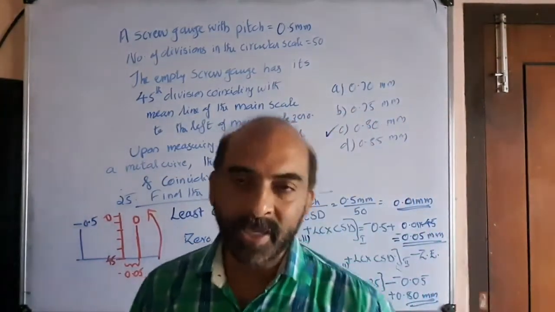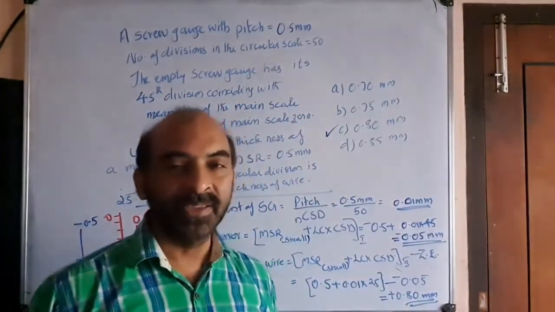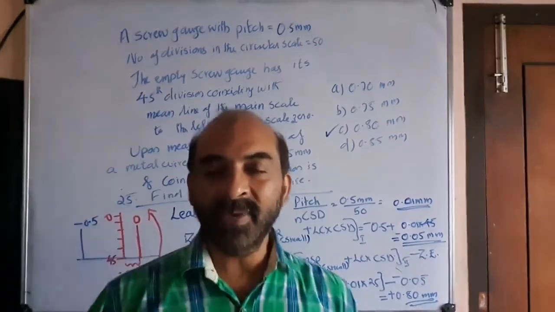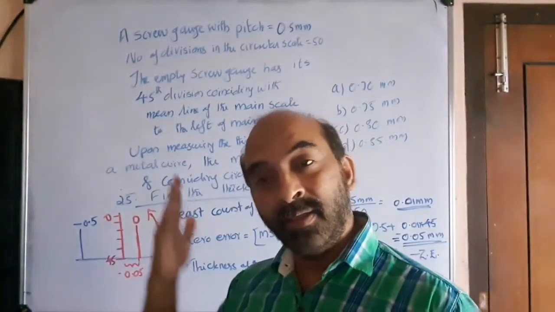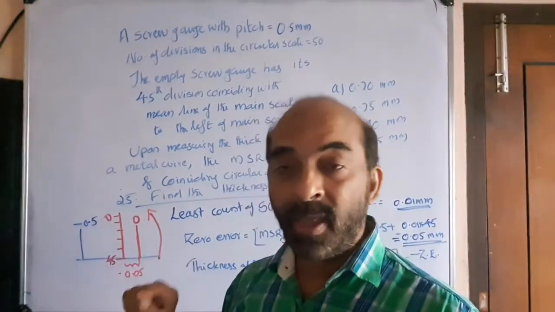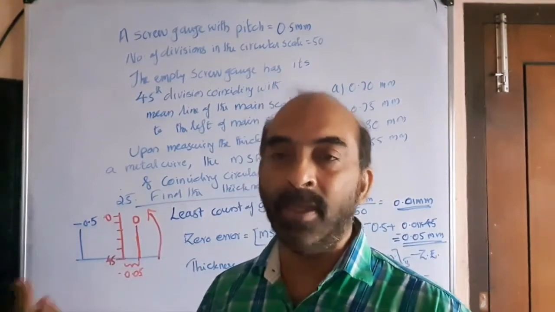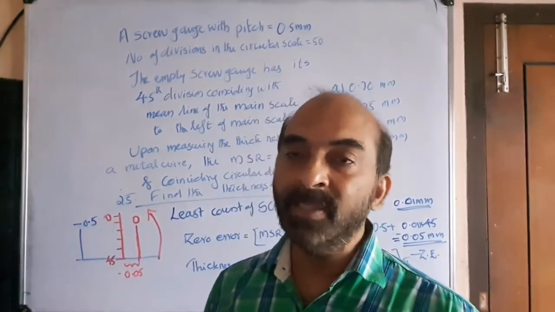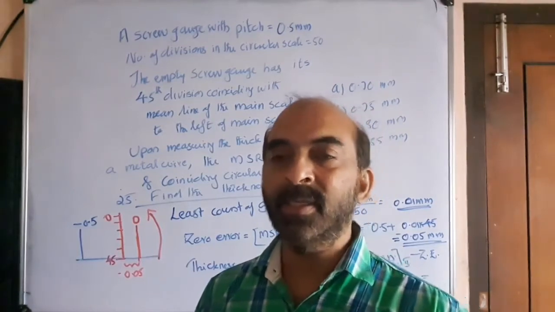That information has been provided to calculate the zero error. It has been mentioned in the question that the coinciding division is the 45th of the circular scale and that it is to the left of the 0 of the main scale. Means the error is negative. Isn't it? Error is negative.